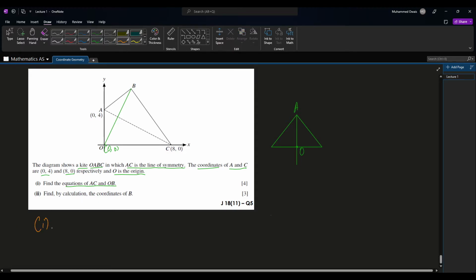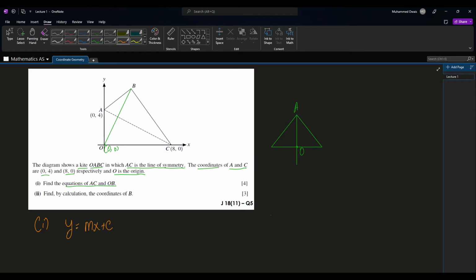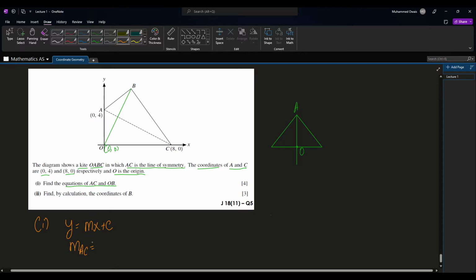Okay then, to find the equation of a line, we already know there are a few things we need to know about the line. First, at least one coordinate, and then its gradient. So let's find the gradient of the line AC. M of AC is equal to (y2 minus y1) over (x2 minus x1).